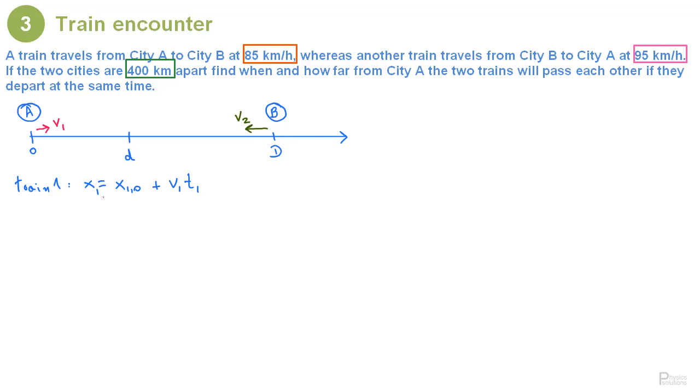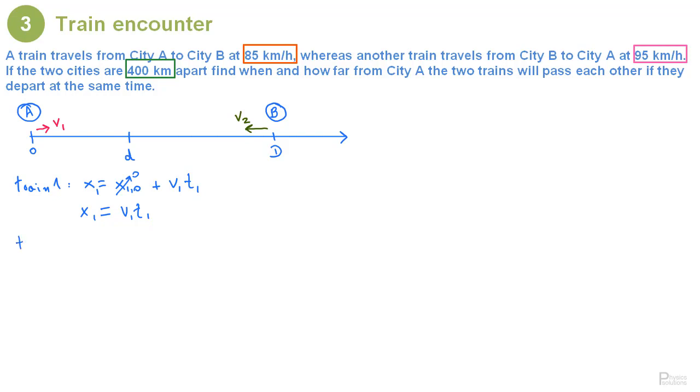Notice that we add the subscript 1 everywhere, because this equation is valid for the first train. The initial coordinate of train number 1 is city A, so it's 0. This was just a choice, so we set that term to 0 and forget about it. So x1 simplifies to v1 times t1.